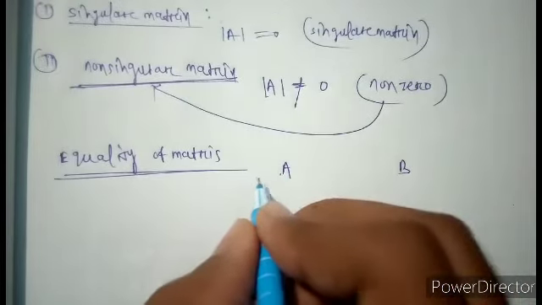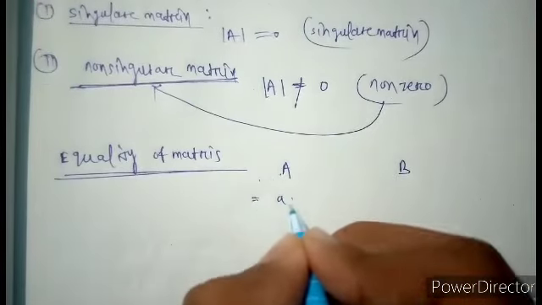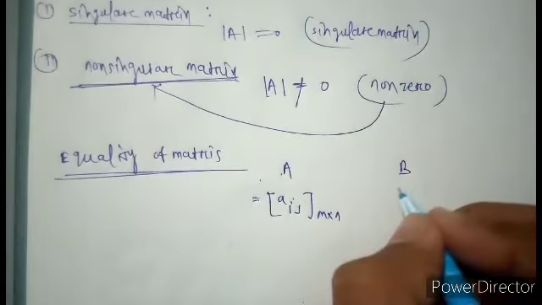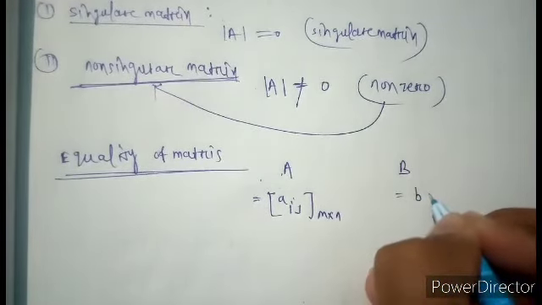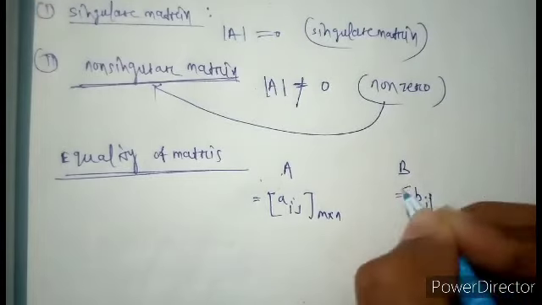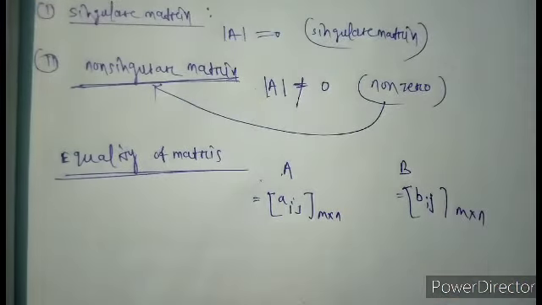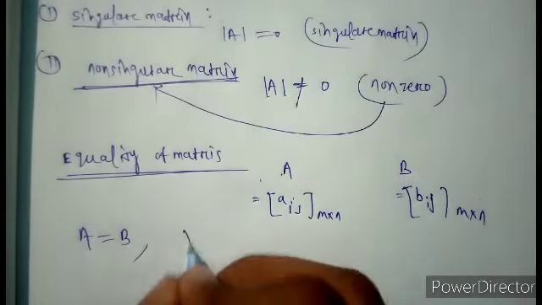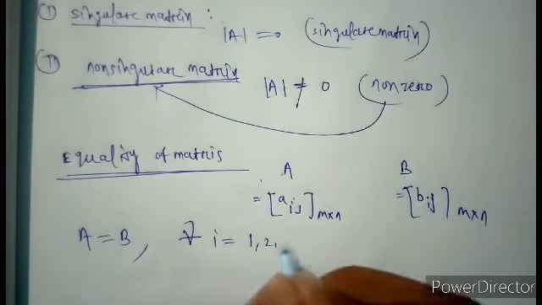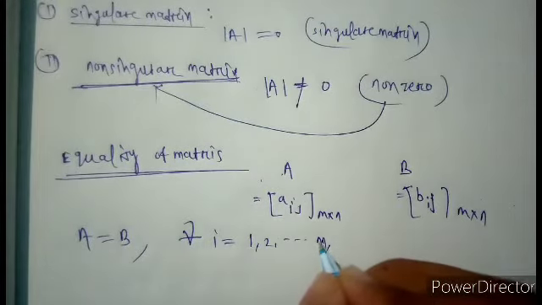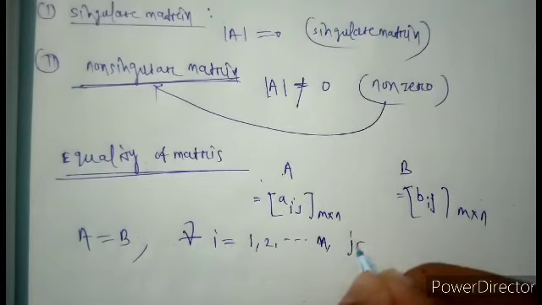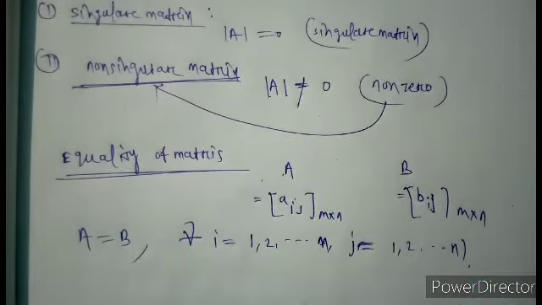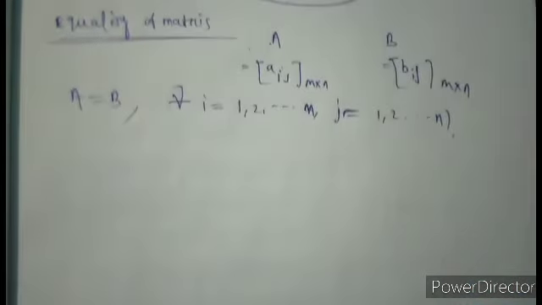If we consider A equal to A ij, that is m cross n, and B equal to B ij, m cross n, we say A is equal to B for all i equal to 1, 2 up to m, and j equal to 1, 2 up to n. This is the condition of equality of matrix.